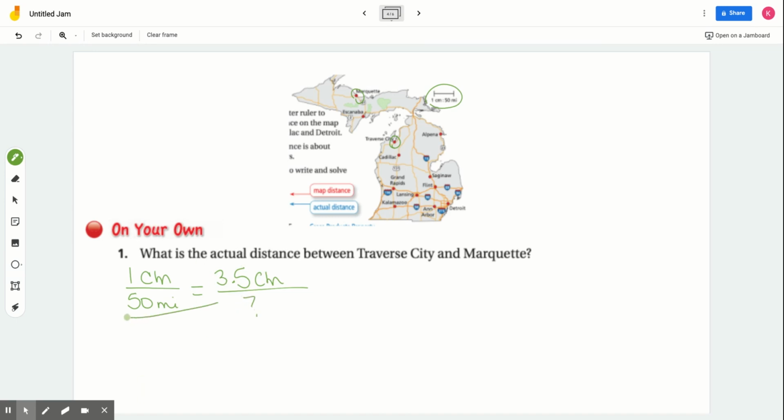So we can use the cross products or butterfly method to help us solve. So we're going to replace the question mark with a variable. Any variable you like, I'm going to use an x. So 1 times x is 1x, and 50 times 3.5.